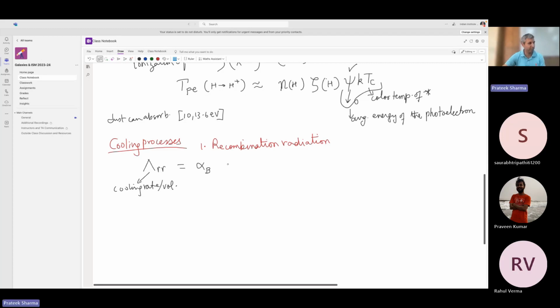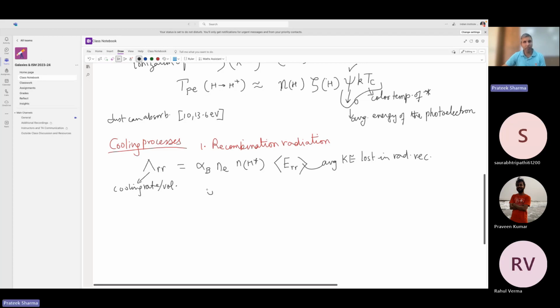So alpha B times Ne times NH plus. alpha B Ne NH plus is just the recombination rate per unit volume, and then what we need is the average kinetic energy lost in radiative recombination.